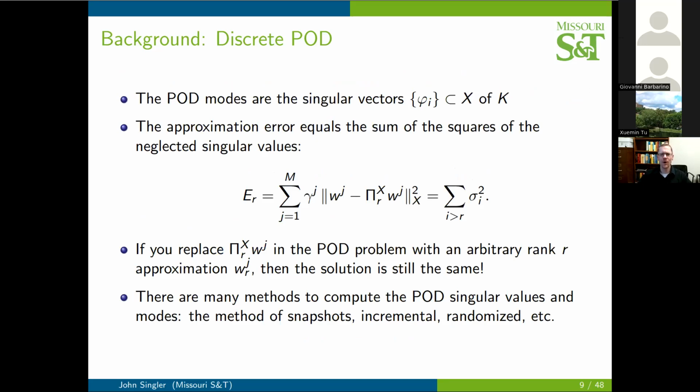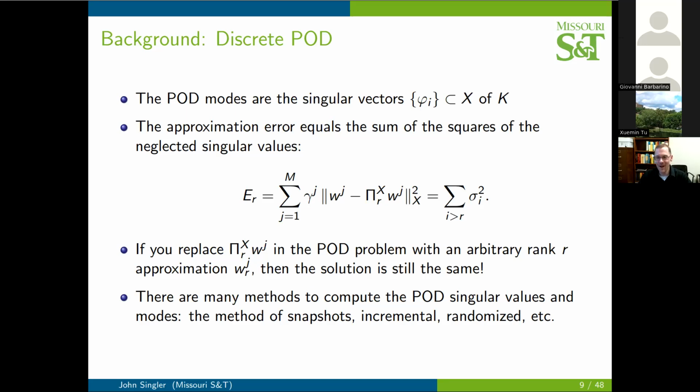So the solution of that data approximation problem is exactly the singular vectors of that operator K that are in the Hilbert space. Here vectors are understood as in the Hilbert space. And we have an exact formula for this data approximation error.